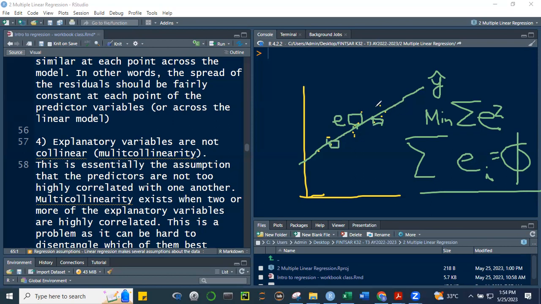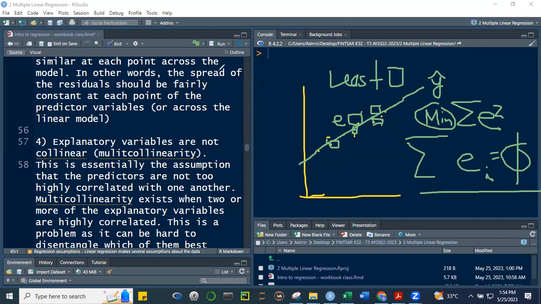So the regression line is that line of best fit, where if you add all of these squared residuals, it will be the minimum. It is the smallest. That's why it's called least, L-E-A-S-T, and then squares. It means we squared the residuals.